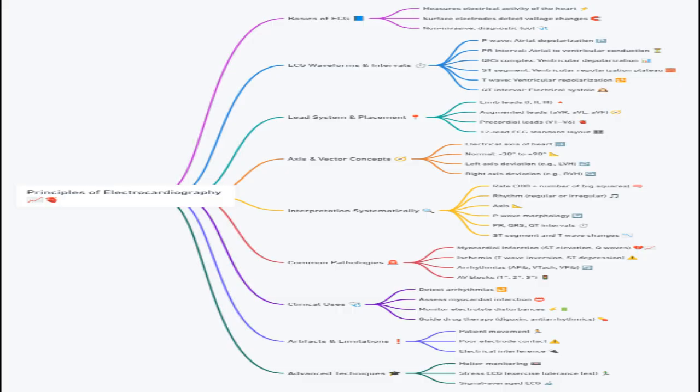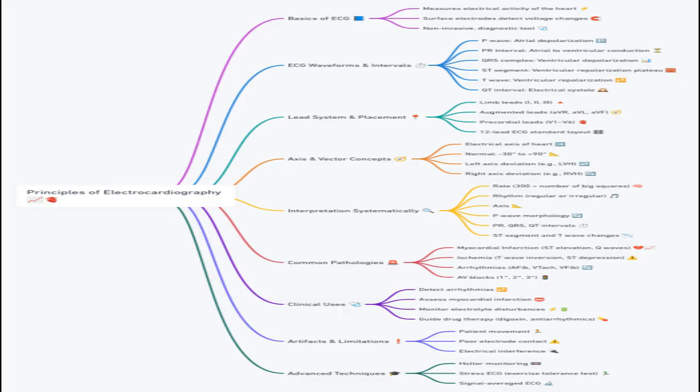The T wave reflects the ventricular repolarization, and the key aspects: inversions or peaking of T waves may indicate electrolyte imbalance or ischemic changes.